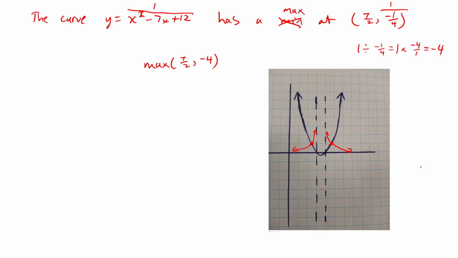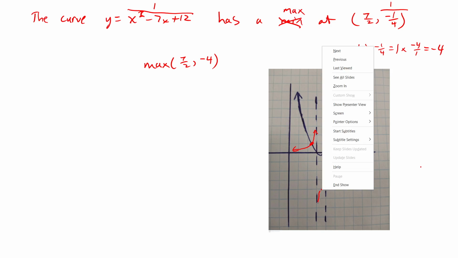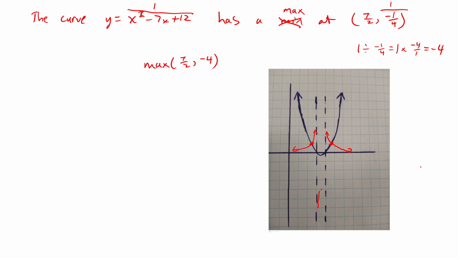Now, in this middle portion down below, we see that from that vertex, the blue curve goes up in each direction. So from the point 7 halves, negative 4, our curve needs to go down in each direction, while at the same time still respecting the role of the asymptotes. And so we draw something that looks like this.